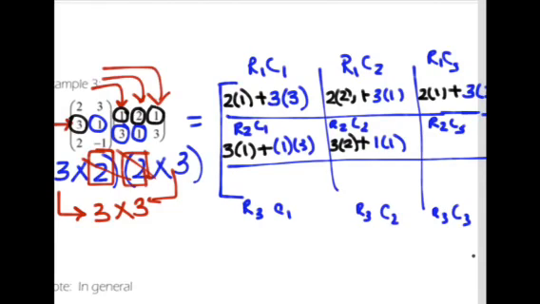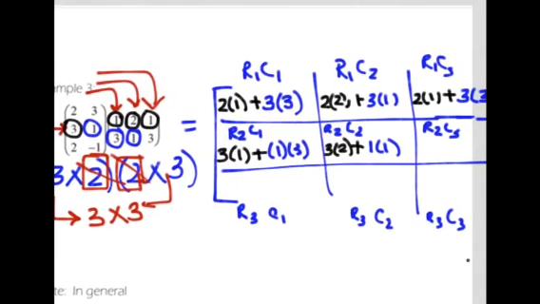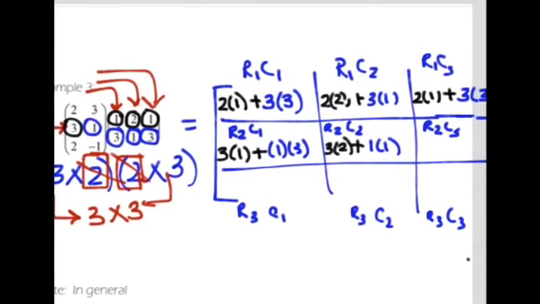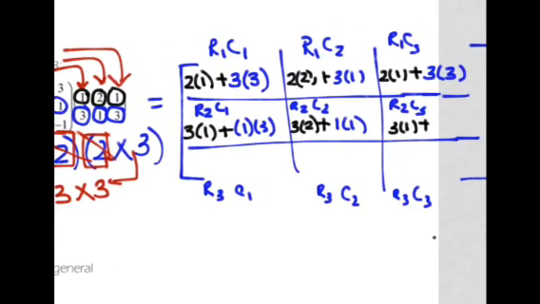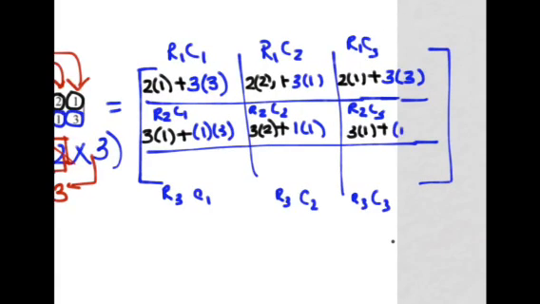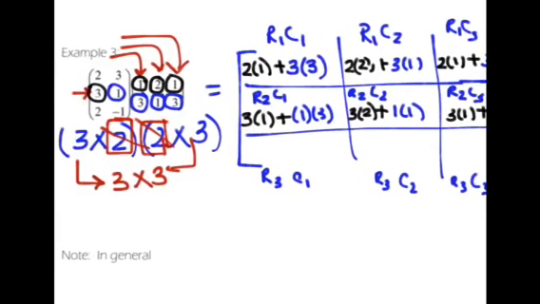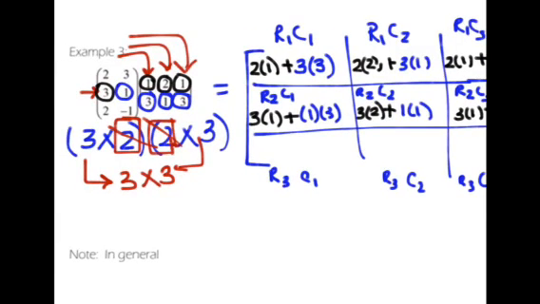This 1 and the 3, this 1 and that 3. So I'm taking the 3 times the 1 plus the blue 1 with the blue 3. Almost done. I'm going to erase all of that.